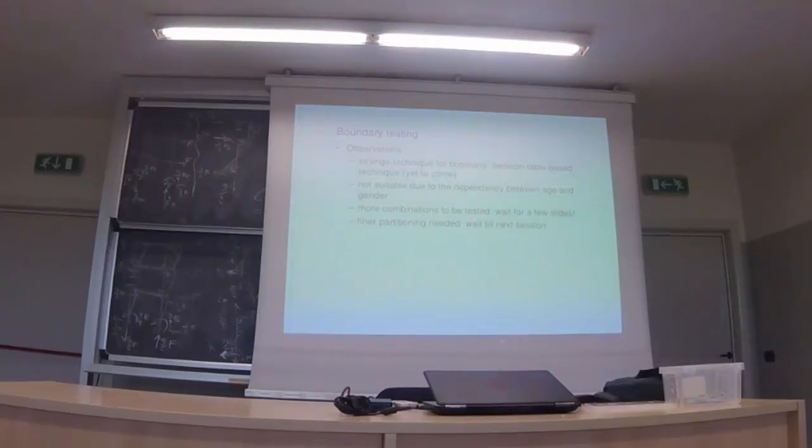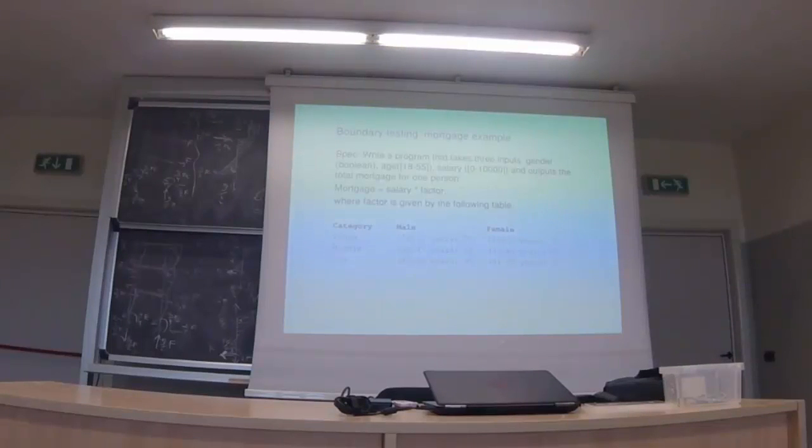It's somehow strange using this for Boolean, because you just have true or false, so you don't have boundaries, you just have two values, okay? It's better to use the decision table based technique, which we probably do not cover this time. It is not suitable in this case due to the dependency between age and gender.